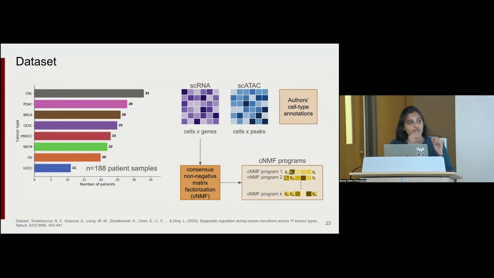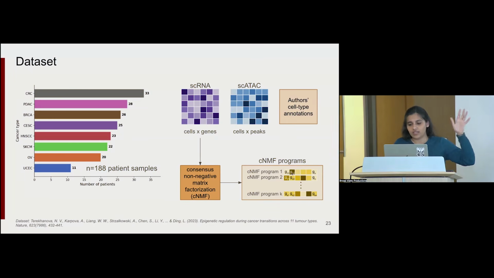One cell can express multiple gene programs, so it's not that they're necessarily orthogonal. But these gene programs represent independent, dominant programs in that specific sample. So each of these gene programs has different kinds of genes present.